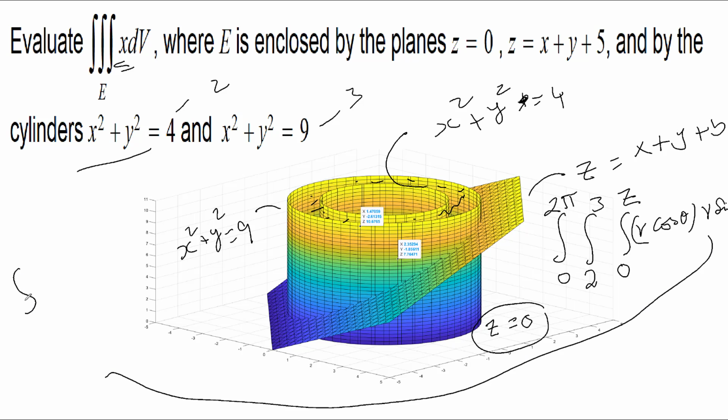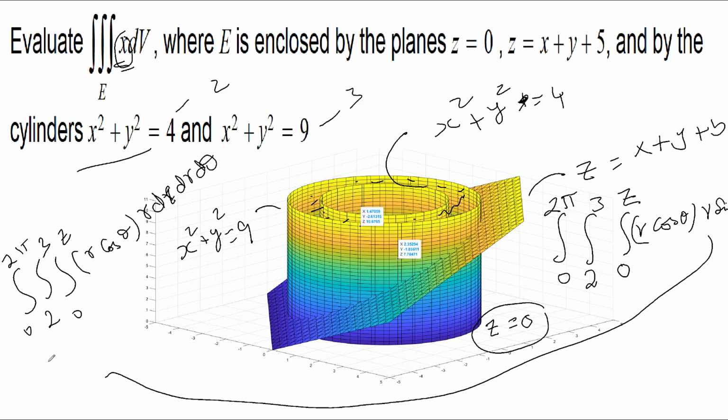Okay, so we have 0 to 2 pi, 2 to 3, 0 to z. Then x is r cosine theta, so we get r cosine theta, and then we will have r dr. First we have dz because z is first, then dr d theta.